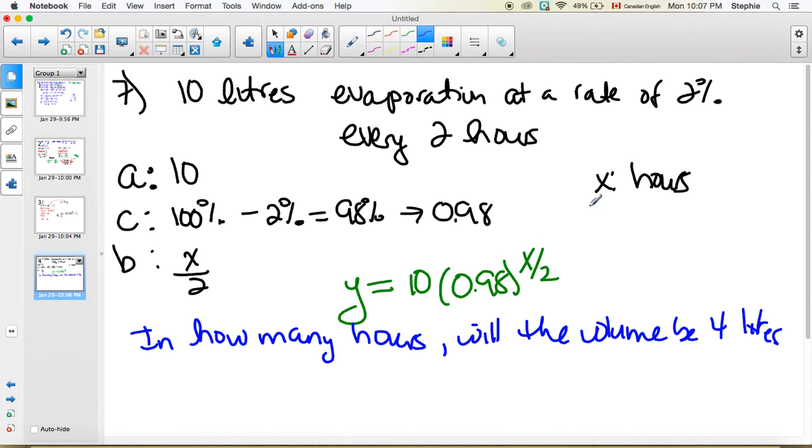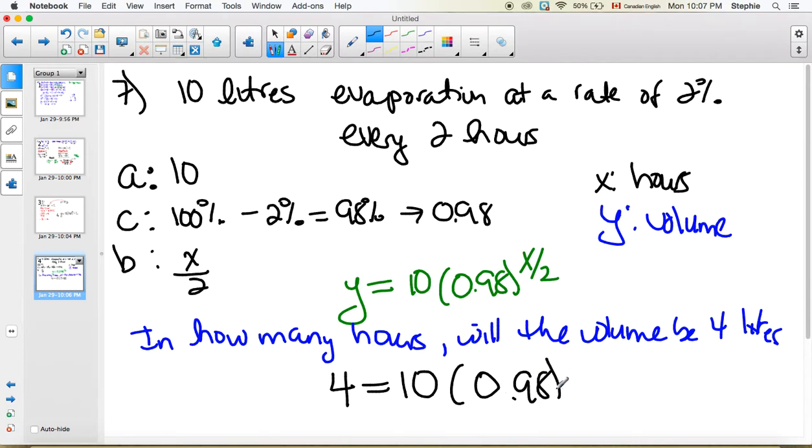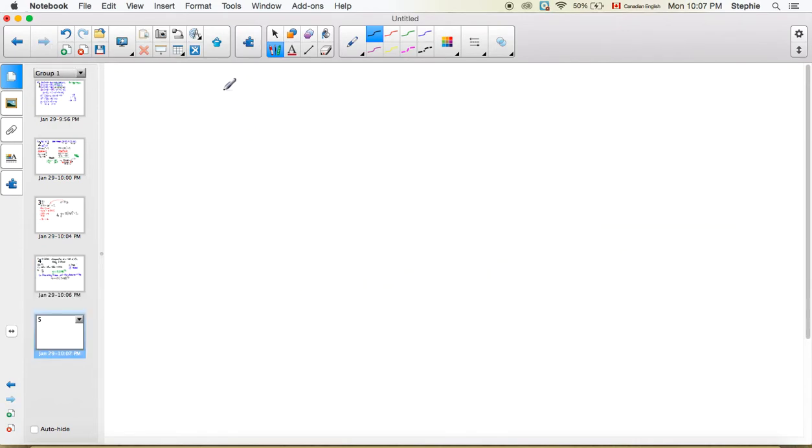Okay, so in that case, we're actually looking for the y, which is the volume of water. In this case, we're going to put the 4 in the position of the y. So it's going to look like this: 4 is equal to 10 times 0.98^(x/2).